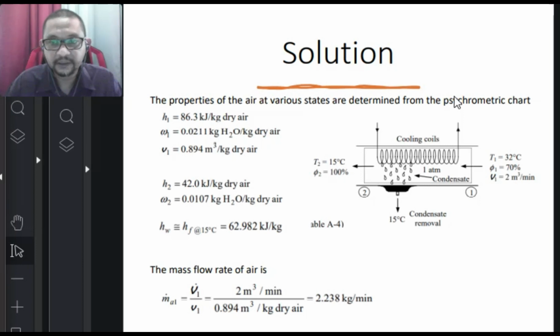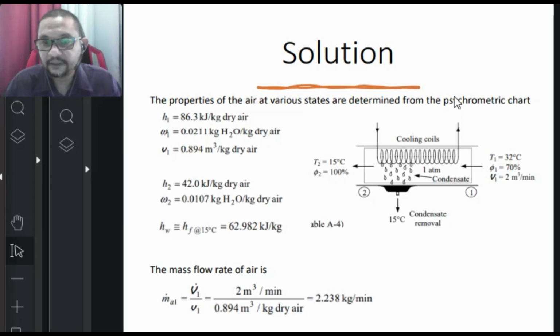Therefore, you can use these properties, or you can use the psychrometric chart to find h1, omega 1, v1, h2, and omega 2.